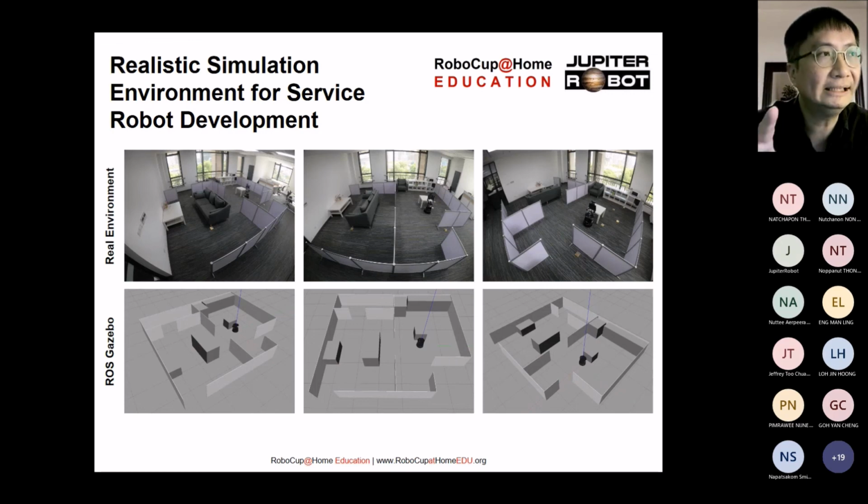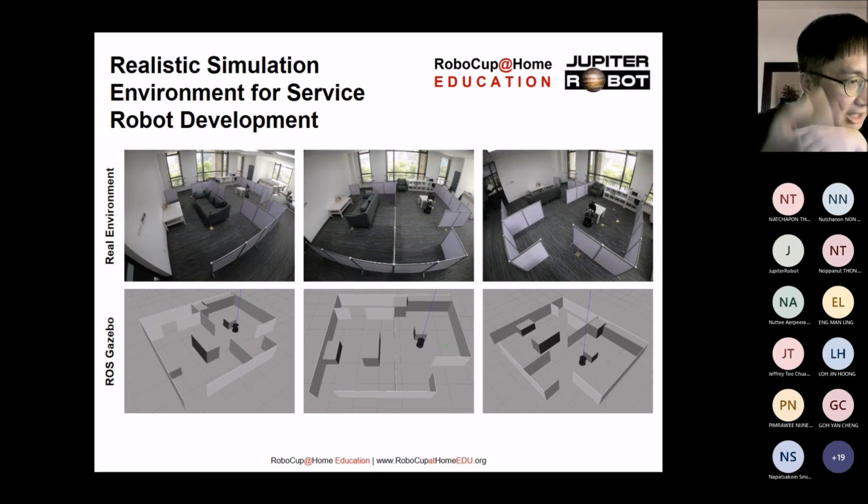If you cannot provide this, then maybe you cannot have a very smooth simulation. Of course, running on a local machine, for example on Jupiter Robot, should not be a problem. But I showed you that even when I run on the virtual desktop, it's still able to run without problem.